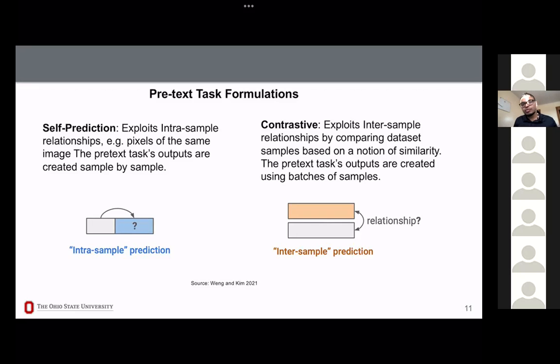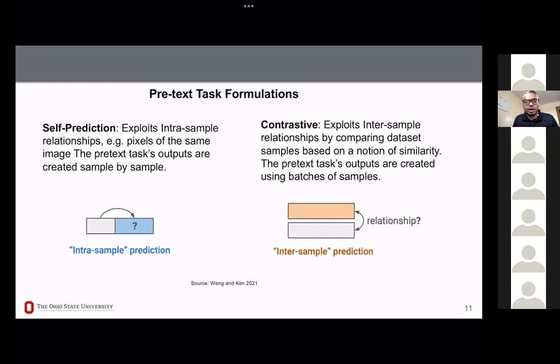In contrastive types of pretext task, you compare the relationship between two different samples from the same data set. So for example, the speech space of this PC-AVS model was using the relationship between the audio and the video samples.